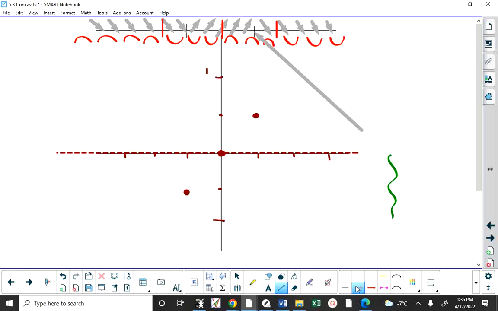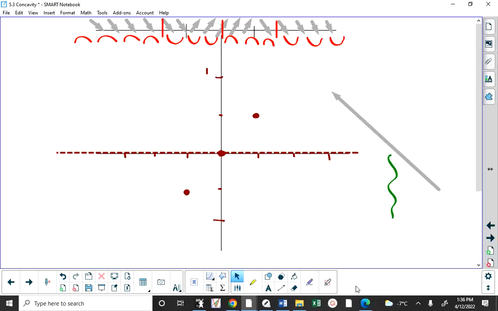Similarly, over here, this critical value is for the second derivative, but look how I drew the up arrow. It's over top of that because that critical value has nothing to do with increasing and decreasing. I'm going to give everybody a minute here.